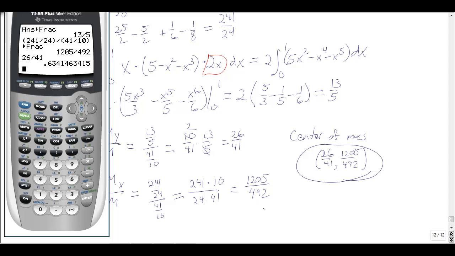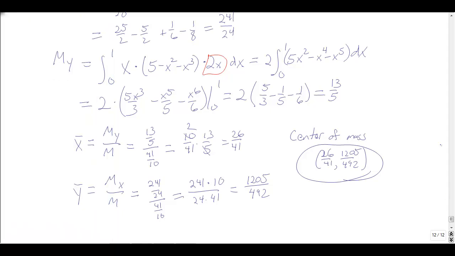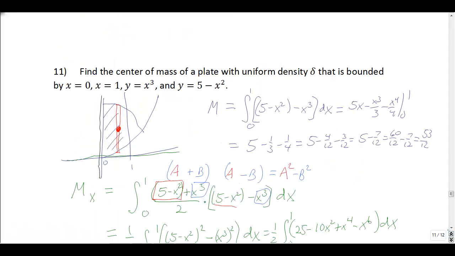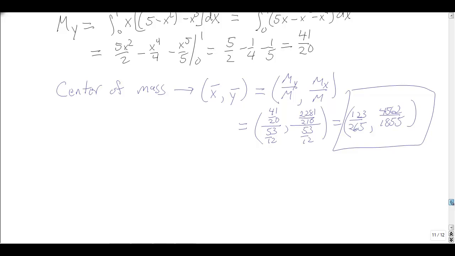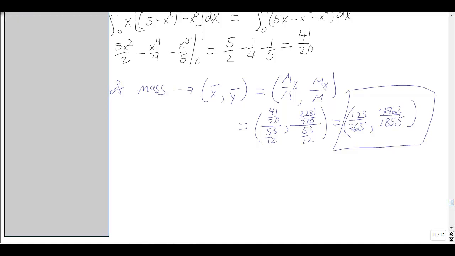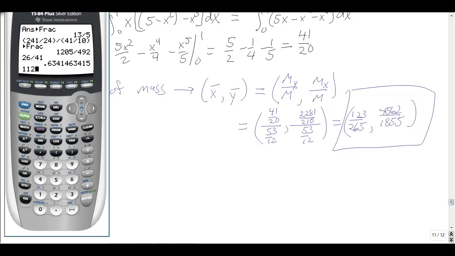It's 0.63. And if we go up a problem, we get 123 over 265. 123 divided by 265, that's 0.46. So it moved over a good chunk here.